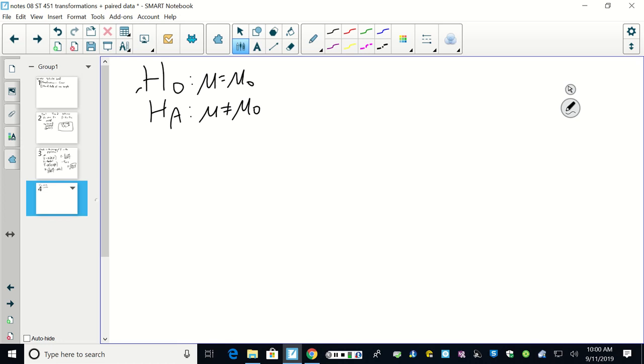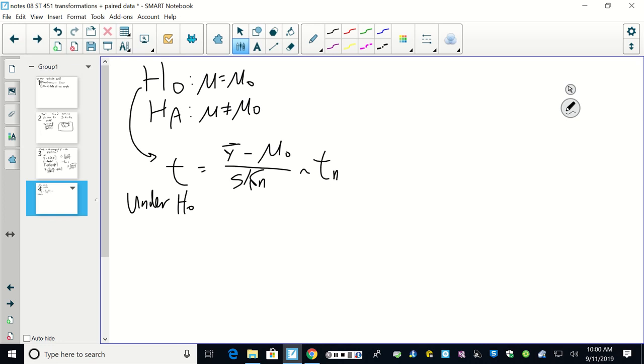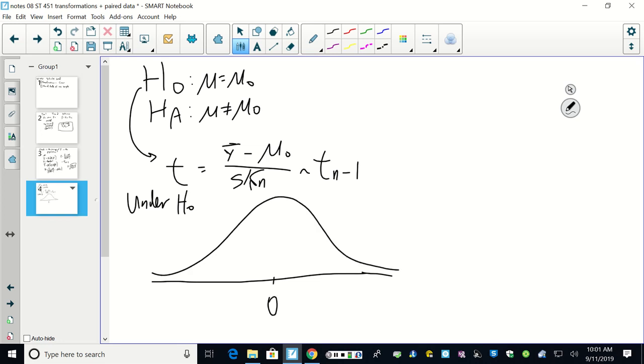Under the null hypothesis, taking y bar minus the null hypothesis value over s over the square root of n would be the statistic that has that t distribution. So under the null hypothesis, this thing is distributed as a t distribution with n minus 1 degrees of freedom, and a t looks bell-shaped like a normal, but a little bit wider, centered at 0.